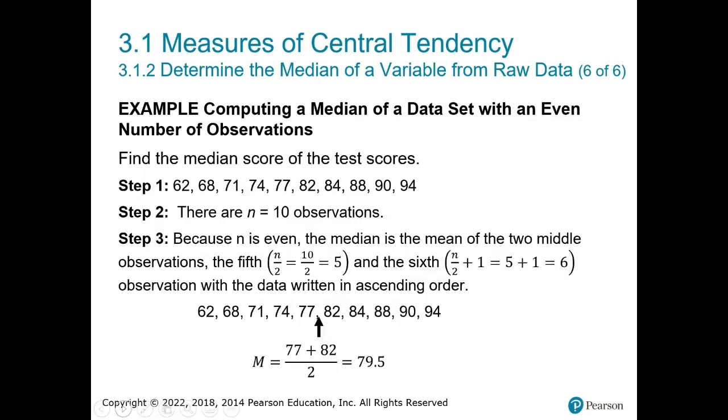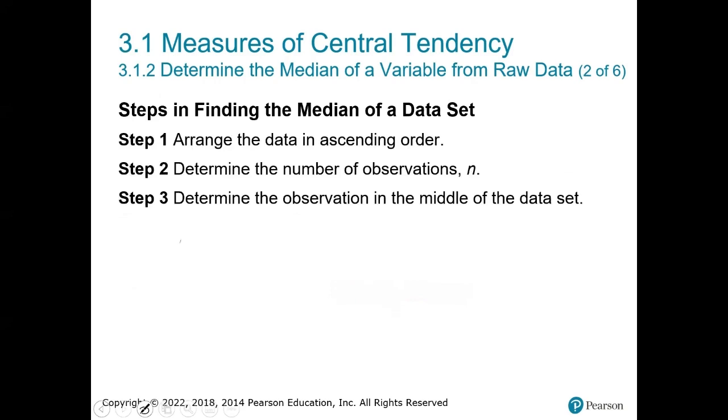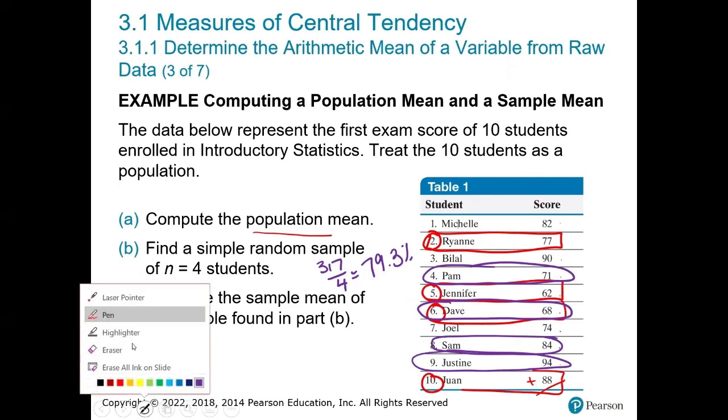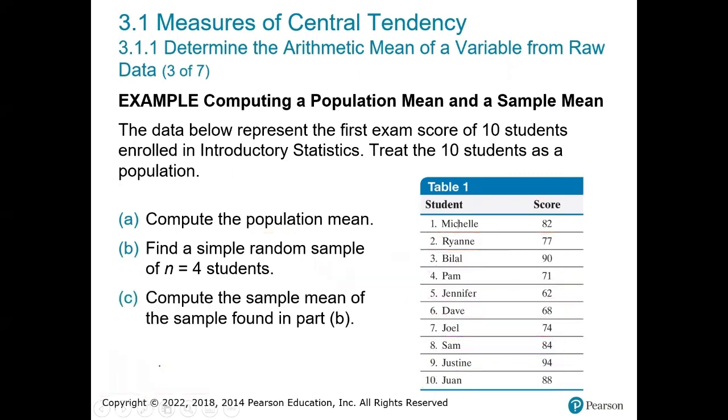What happens though if there is an even amount of data? So let's go back to those 10 test scores. We have 10 of them here. I would have to start with putting them in order.